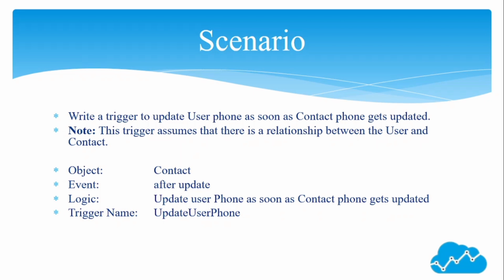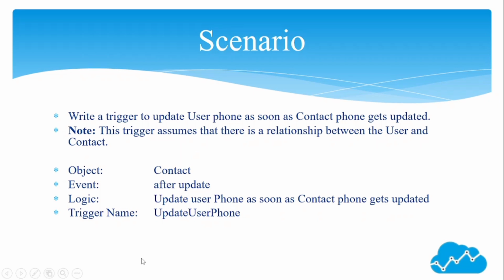When the contact is first created, that phone number is not going to affect anything on the user, but whenever the particular contact is updated, this new updated phone number is going to update the user's phone number.